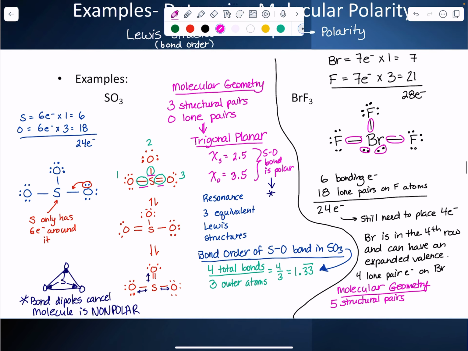And so the electron pair geometry is going to be trigonal bipyramid. But 2 of those structural pairs are lone pairs. So 5 structural pairs with 2 lone pairs gives us a molecular geometry that's a T shape.